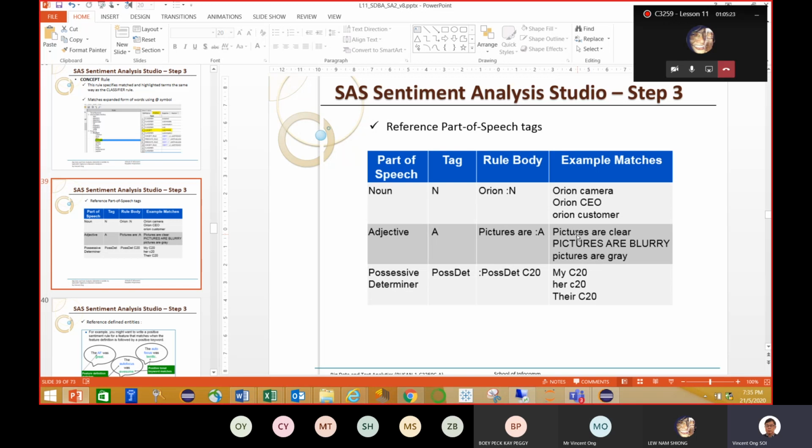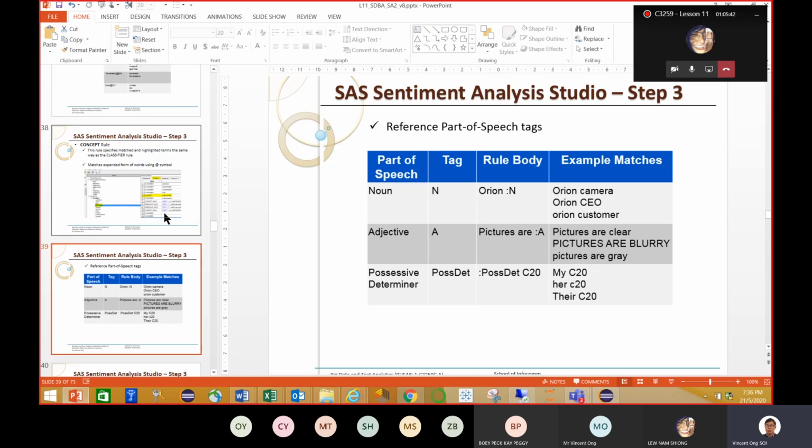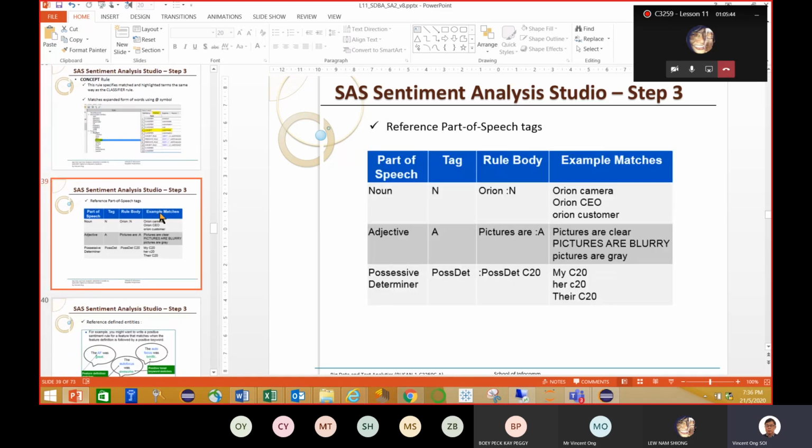So the sentence "the pictures are clear" will be captured. "Pictures are blurry" will be captured. It's not case sensitive, right? And so on. This is what the concept rule does. Concept rule gives us the expanded form and also gives us the ability to catch patterns related to part of speech.